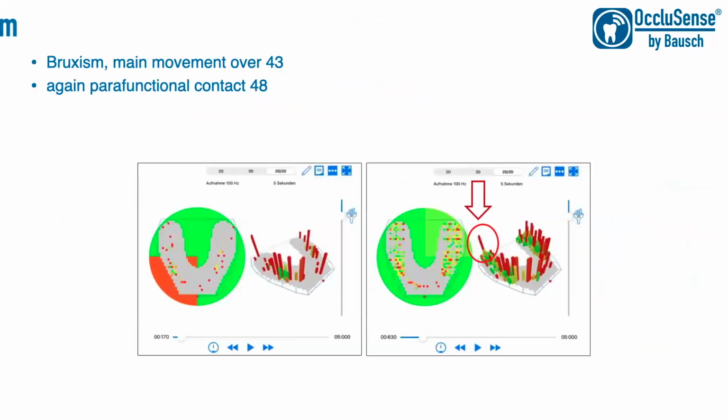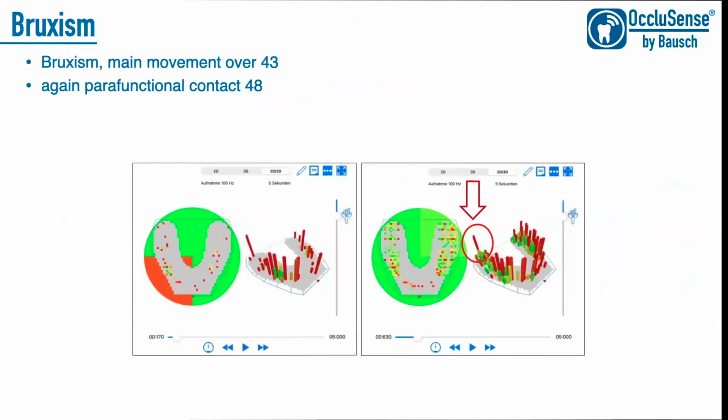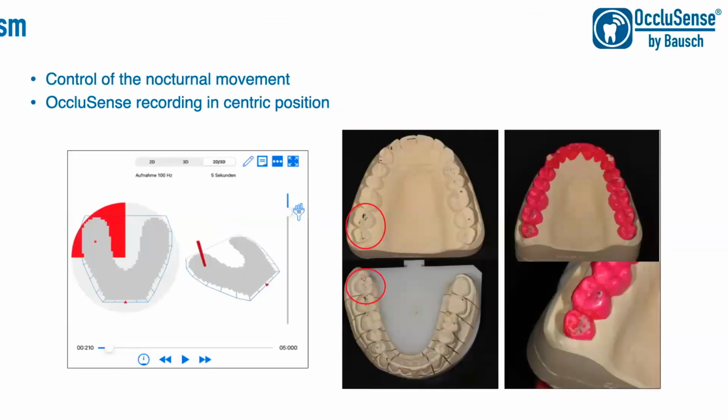Her bruxal movements showed main movement over 43, but also parafunctionality on 48. And when we looked at her nocturnal movement, we actually realized that she had this parafunctionality on 48 in centric position. So when we adjusted her occlusion very slightly, she actually turned out to have healed of all the symptoms that we had mentioned beforehand.